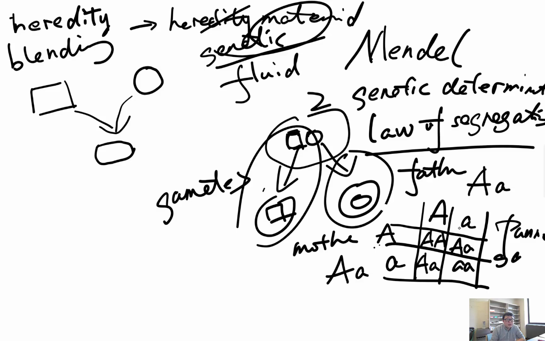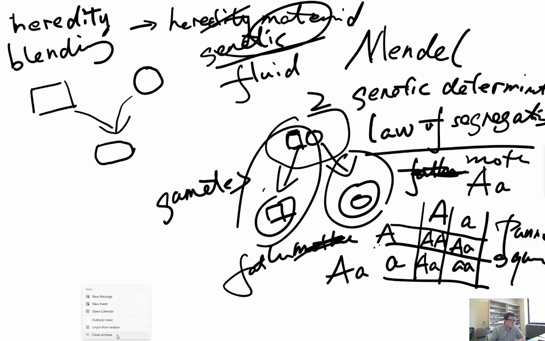Please make sure you learn how to make a Punnett square. On the top you list the mother's two alleles, capital A and lowercase a, and on the left side you list the father's alleles.